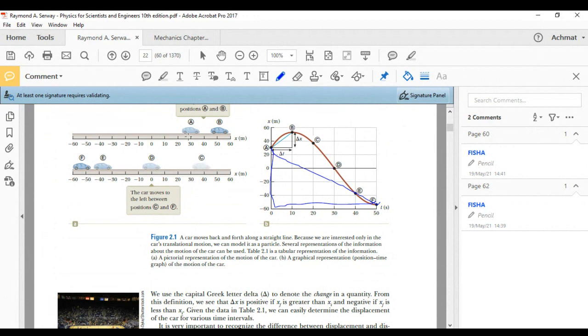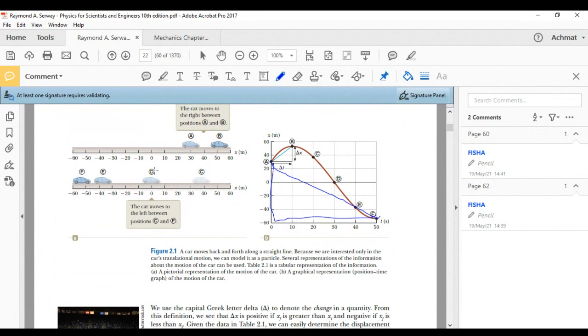Initially, I see here they don't use dots. They actually use these positions of the cars. So this is where our initial point was. I'm going to put a dot there.